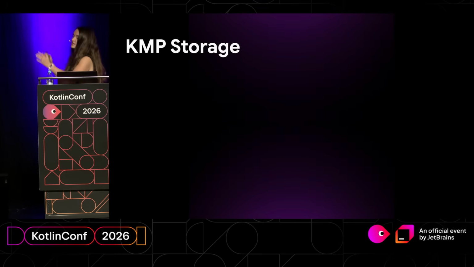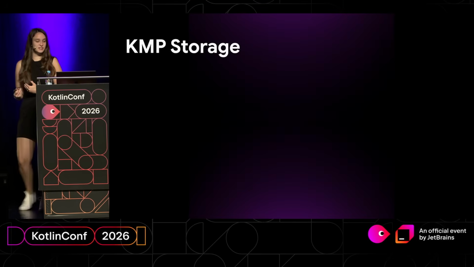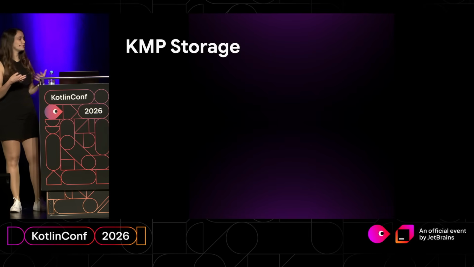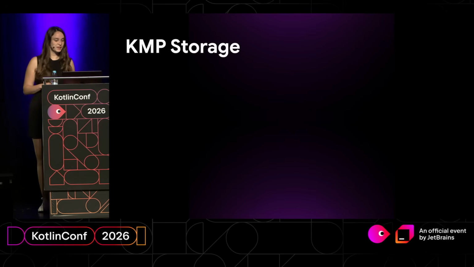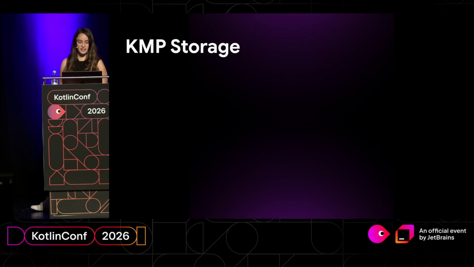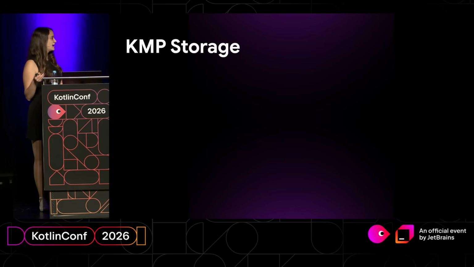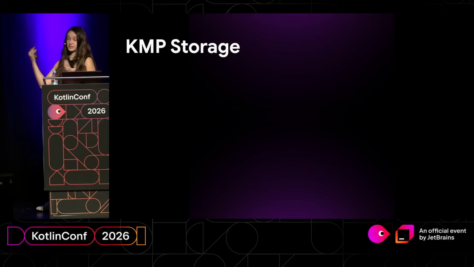As we've seen in these recent slides, these APIs are not very straightforward to use directly. On top of that, all the code that we just looked at is for the web target only. This is exactly why we went into the whole effort of adding support for web to our libraries, because we believe that storage logic is very close to your business logic, and therefore it's definitely something that you want to share across different platforms.